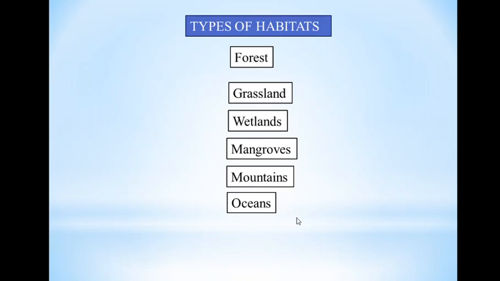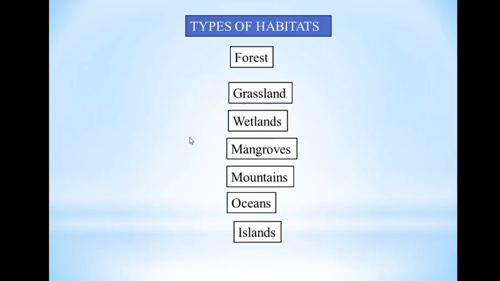When we consider habitat, oceans are the most stable aquatic ecosystem. They inhabit 90% of the biodiversity on the earth. Islands are also habitats for biodiversity.